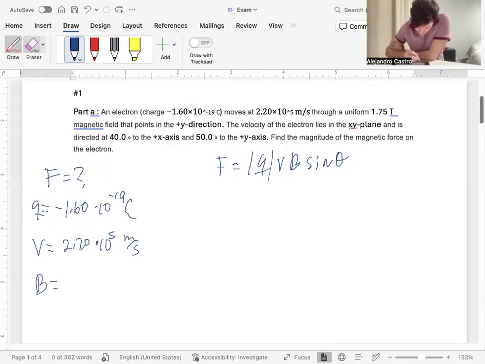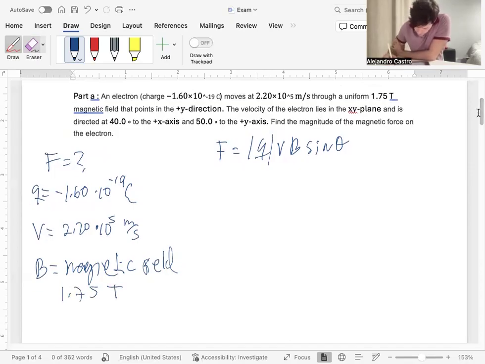Magnetic field is also given to us and is 0.75 T, and is pointing as shown in the picture.